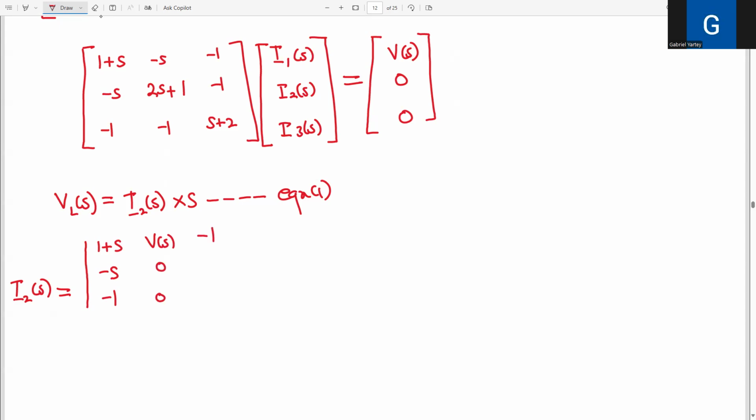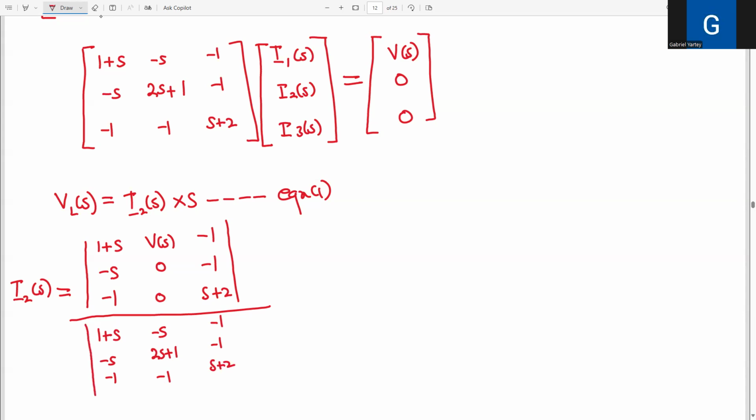And then we continue it in that way. All over this matrix: 1 plus S, minus S, minus 1, minus S, 2S plus 1, minus 1, minus 1, minus 1, S plus 2. Find the determinant.